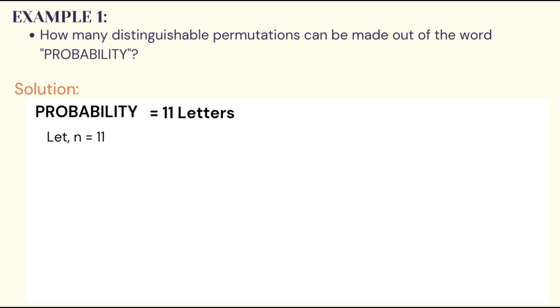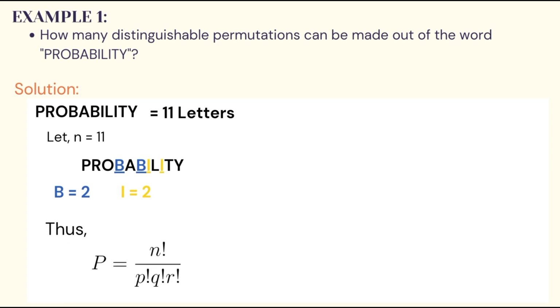Then, get the objects that are alike in the word probability. We have 2 B's and 2 I's. After getting the objects that are alike, use the formula for the distinguishable permutation. Then, by substitution, substitute the variables with their corresponding values.